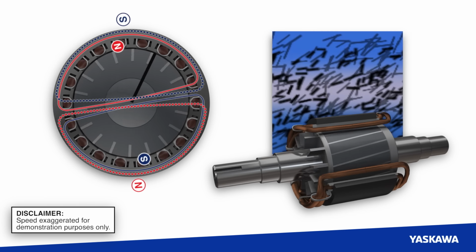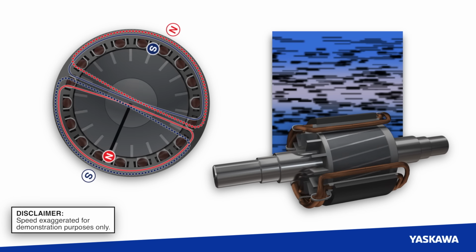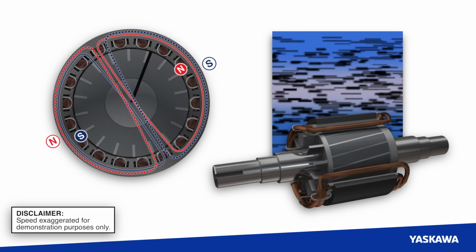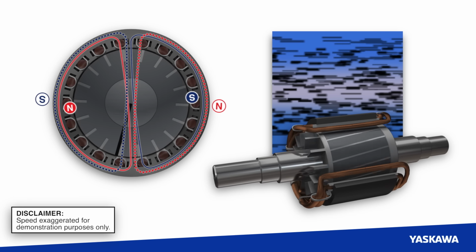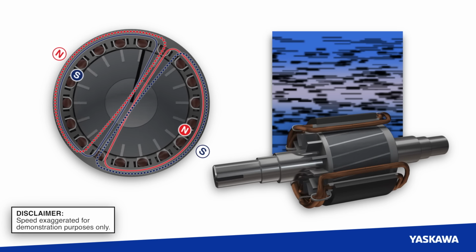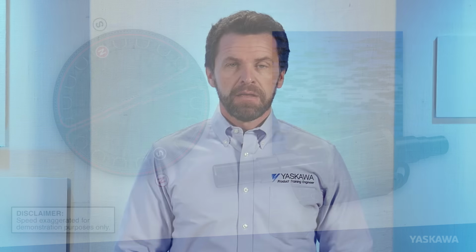This, in turn, aligns the atoms in the iron cores of the rotor to produce its own magnetic field, which opposes the magnetic field produced by the stator. This happens because any induced electromotive force always produces current that opposes the force of the source magnetic field.